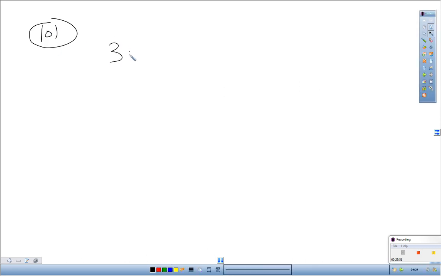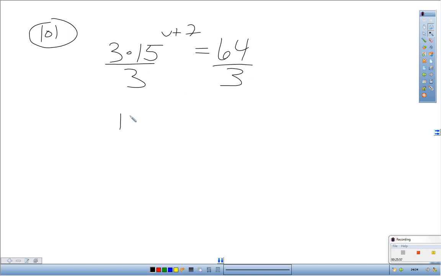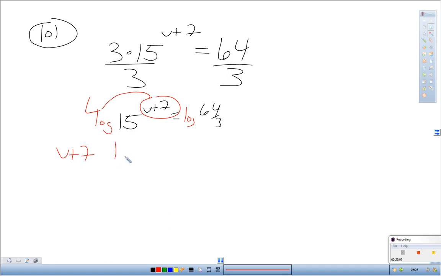All right, two more. 101, that's 3 times 15 to the v plus 7 equals 64. First thing I'm going to do is divide by 3, so that gives me 15 to the v plus 7 equals 64 over 3. Then, to make the exponent come down, I'm going to log both sides. So I get v plus 7 log 15 equals log of 64 over 3. Then I'm going to divide both sides by log of 15, so that leaves me v plus 7.